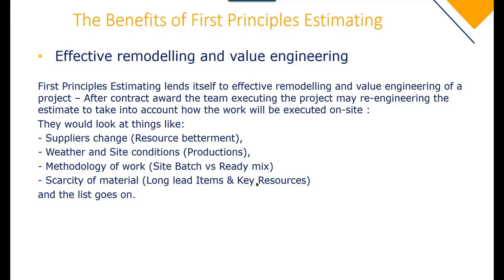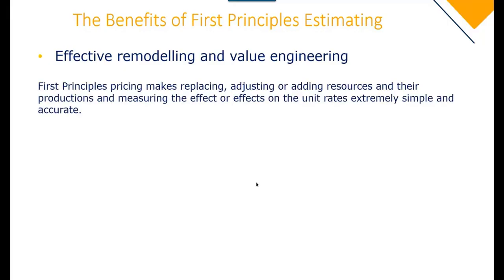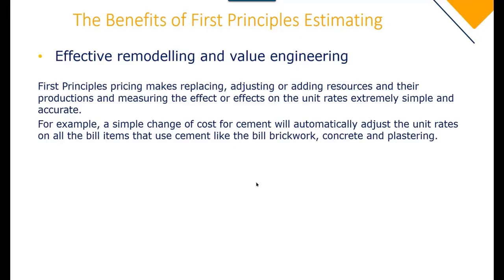So we're going to go into the Candy job and we're going to show you how that is done. So we're going to look at replacing, adjusting and adding resources, productions. This will make it quite simple to adjust because you've already got the worksheet build up, and that allows you to re-engineer the estimate, and it's pretty quick to do that, and I should demonstrate that.